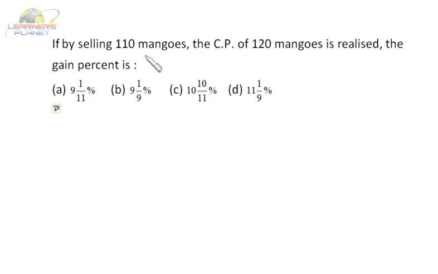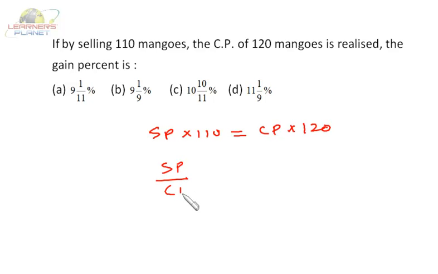By selling 110 mangoes, the CP of 120 mangoes is realized. We have to find out the profit percent. That means SP of 110 mangoes is equal to CP of 120 mangoes.